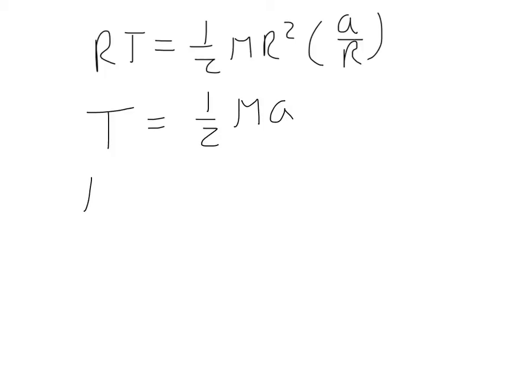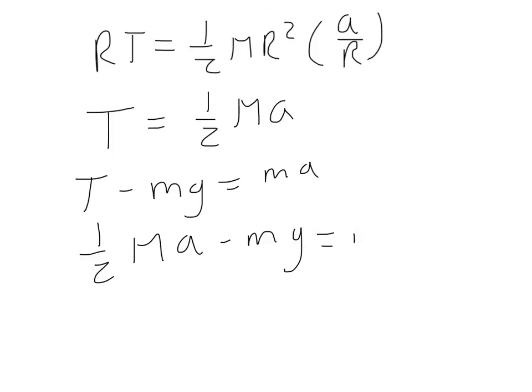I can now plug that into the equation that I had before for the hanging mass. We have 1/2 big M a minus mg is equal to minus ma. And now finally I'm going to get an equation of 1/2 M plus m times a is equal to mg.